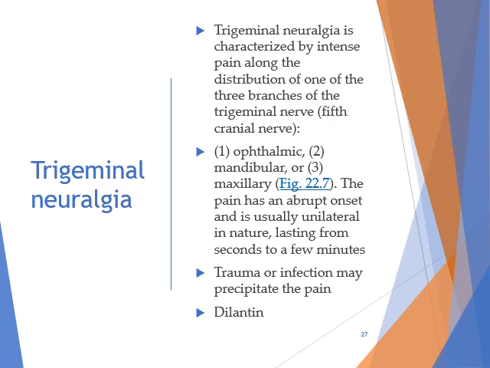That's located right about at the ear level, and it branches out. You'll see a picture in your book, figure 22.7. It affects many nerves in the face, optic nerve, maxillary nerve. It's also called tic douloureux.